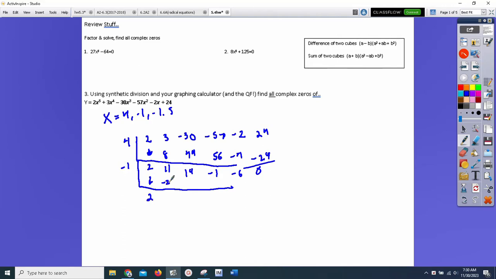Negative 1 times 2 is negative 2. 11 minus 2 is 9. Negative 1 times 9 is negative 9. That funky looking number there was a 14. 14 minus 8 is a 6. Negative 1 times 6 is negative 6. And we have a problem, Houston, don't we?